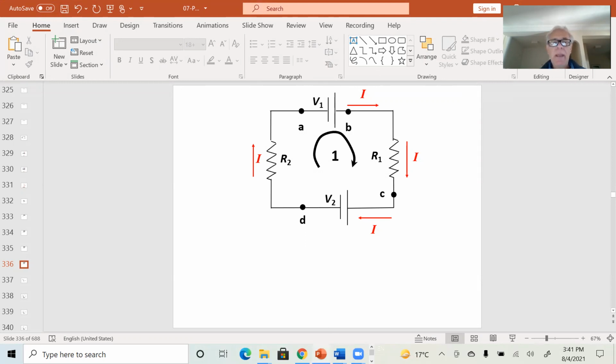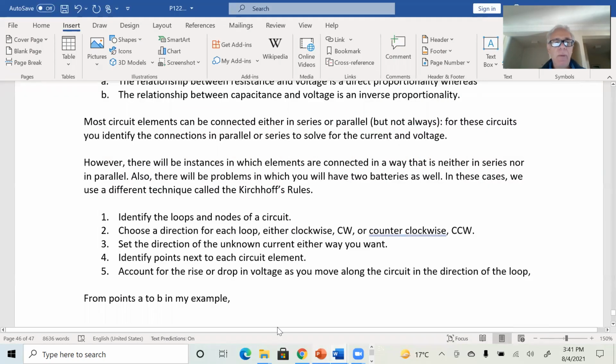So we write down the following equation: you set up plus V1. That's the first. We have plus V1.